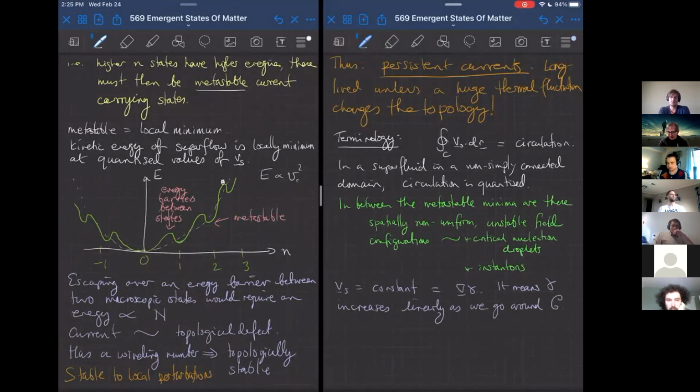And if I'm having these non-constant V's, they would correspond to spatially dependent gammas.